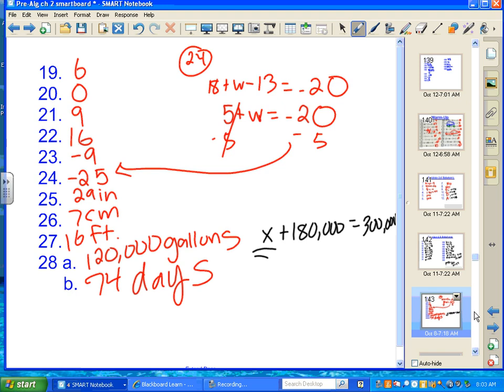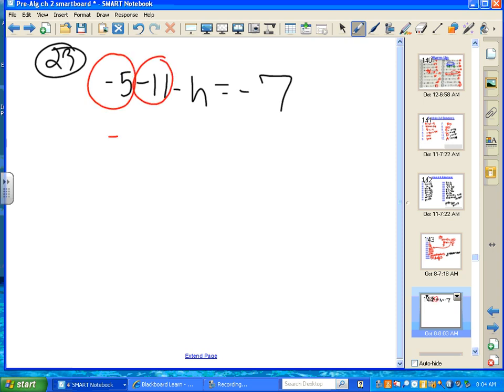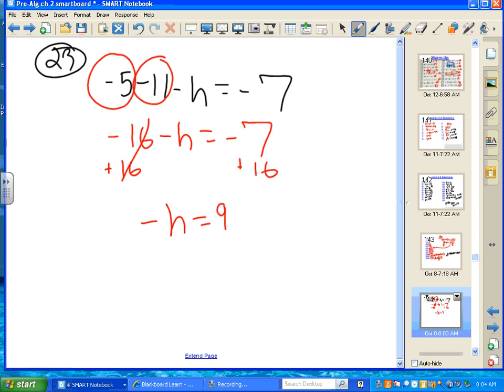You okay? Okay, 23. Negative 5 minus 11 minus h equals negative 7. Okay, so the very first thing you have to do is combine like terms. Negative 5 minus 11 is negative 16. Then the next thing you need to do is add 16 to both sides. So negative h equals 9.